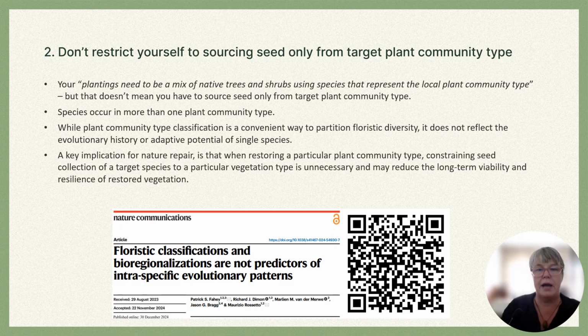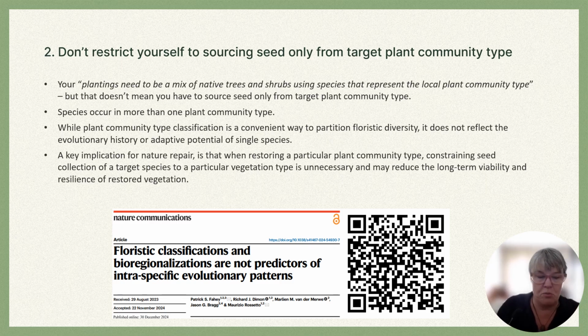Here's a link to a recent research project that was published in Nature Communications. It looked at the relationship between plant community type and genetic relationships for 50 widespread species. And they discovered that while plant community type classification is a convenient way to partition floristic diversity, it actually doesn't reflect the evolutionary history or adaptive potential of single species.